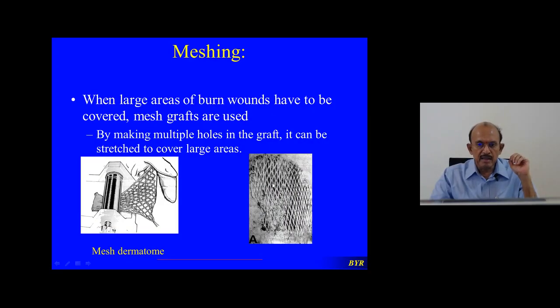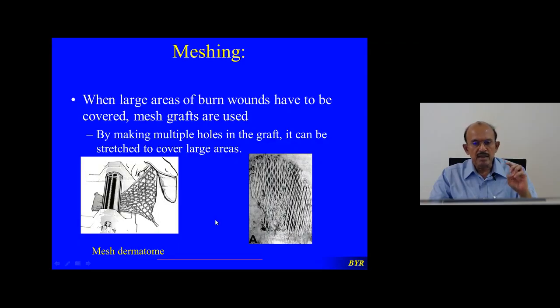And these act as epithelial islands. So in between them, the epithelium will grow and surface. So this will take up. But there will be a thin layer of epidermis in between these vacant areas.